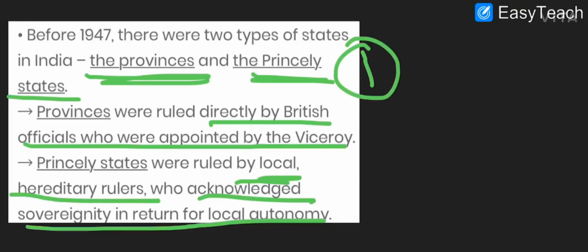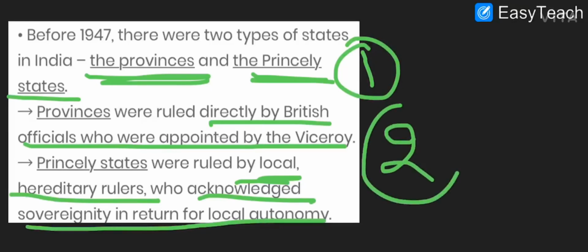Did you understand? Now I should explain this. Provinces were the places which the Britishers directly ruled, and the British officials were appointed by the Viceroy, right? And princely states were the places which were ruled by local rulers itself, who accepted the Britishers' control over them.